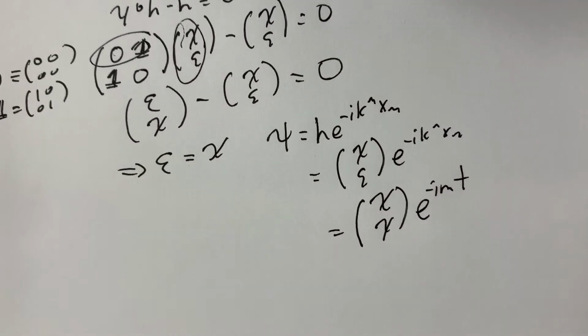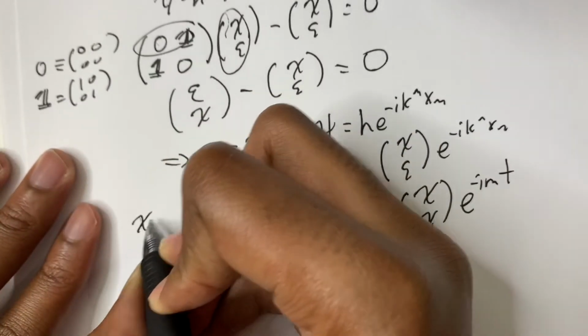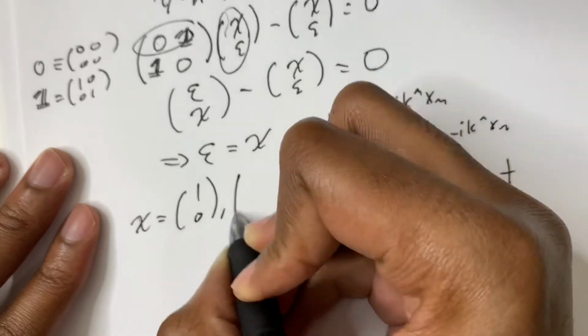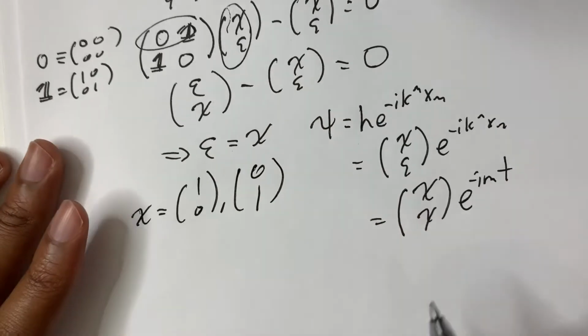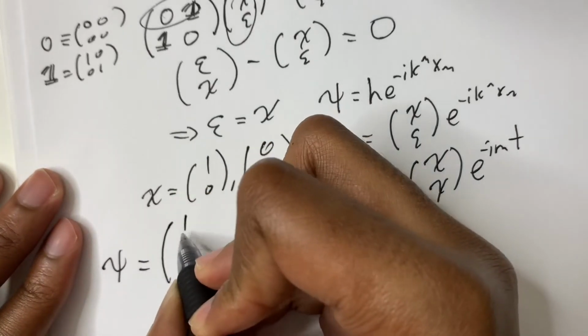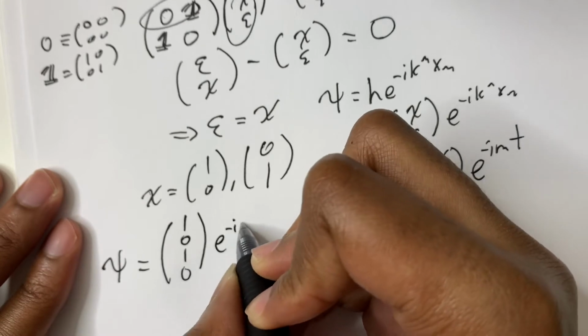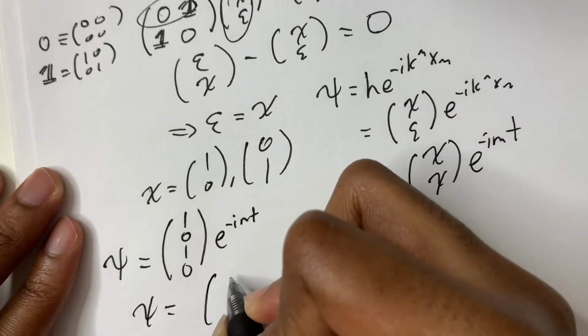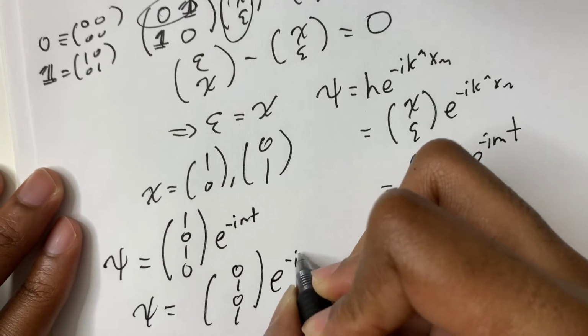That's our solution. Now, we don't have any limits placed on χ. χ can be any number we want. But we can choose a linearly independent basis, since it can form any solution to the Dirac equation. So let's choose χ to be (1, 0). We can also choose χ to be (0, 1). So now we have that the Dirac bispinor is (1, 0, 1, 0) e^(-imt), and it also is (0, 1, 0, 1) e^(-imt).